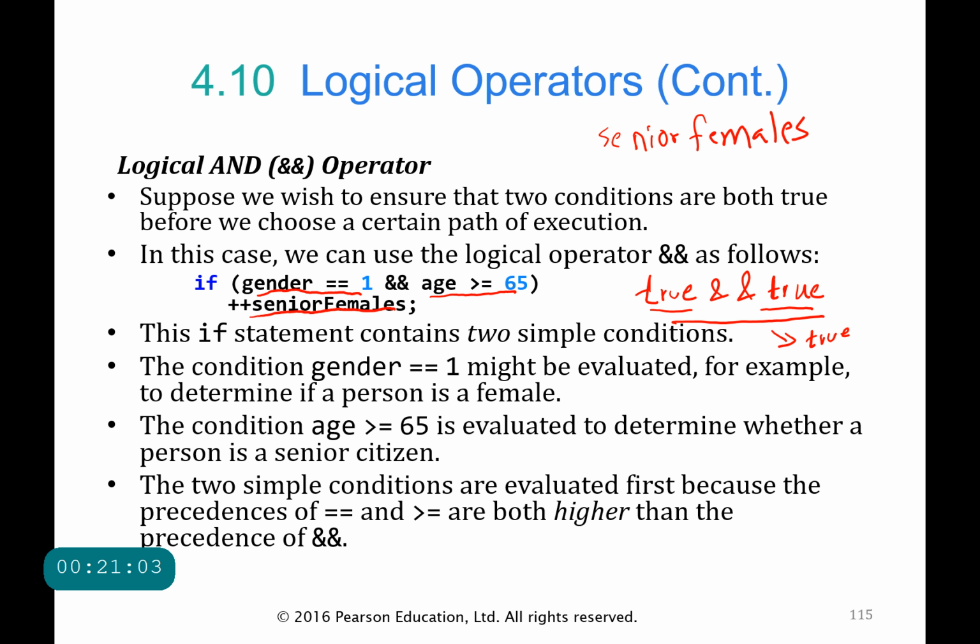Okay. And notice that you are using the logical AND operator here. So if the gender is not 1, so if it's a man, and age is above 65, then senior females will not be incremented because one of the conditions in the AND operator is false.